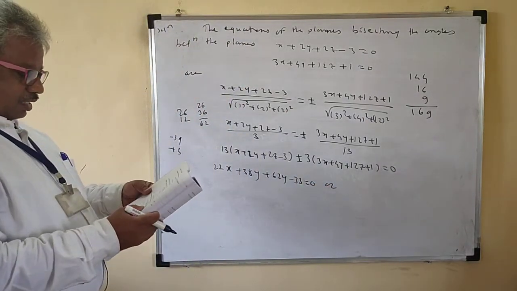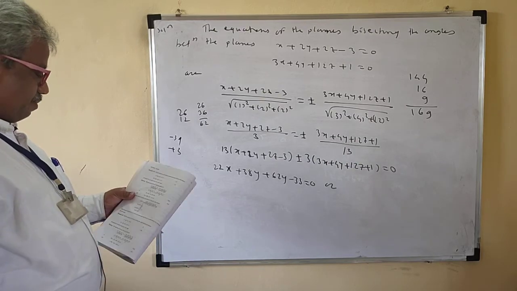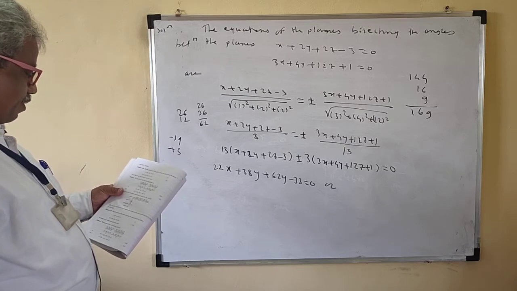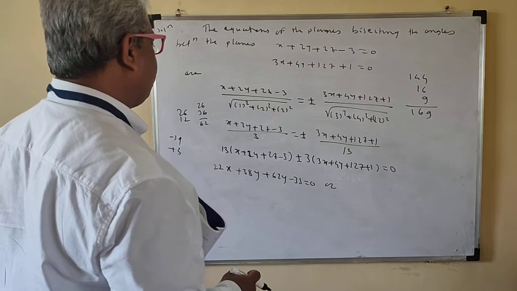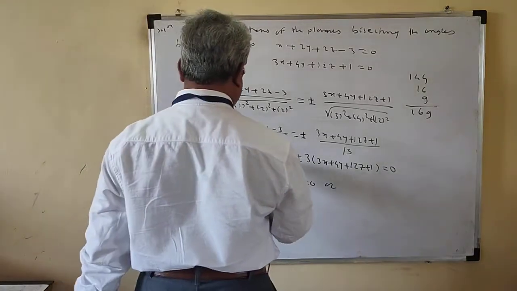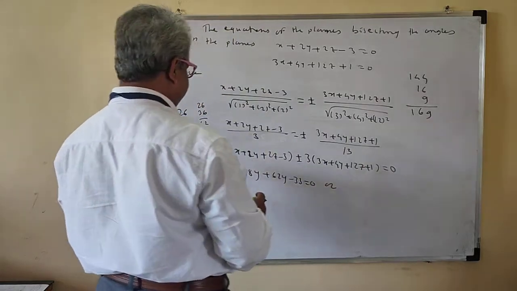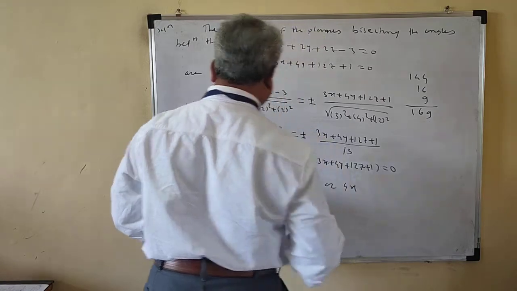Or we'll take the minus sign and see what this is. 13 minus 9 is 4x.